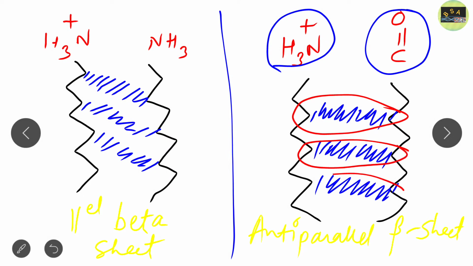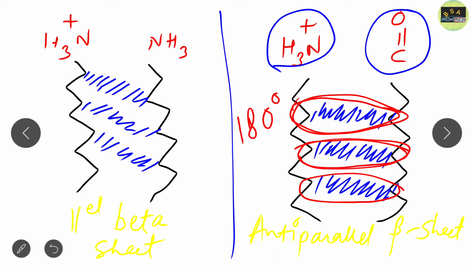here you can find that in the case of the anti-parallel beta sheet, the hydrogen bond that forms is always at a 180 degree angle, a straight 180 degree angle.